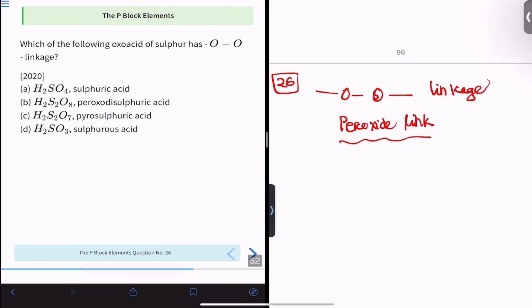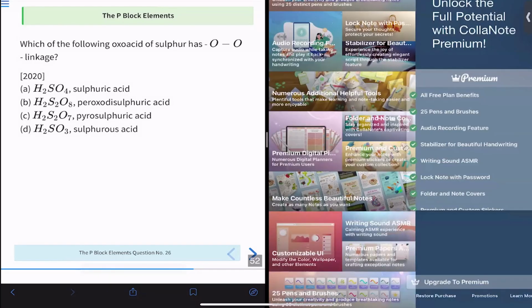We have to see. From the following compounds, they have even written the names of the sulfur acids. So from the name only, you can directly guess the peroxide link can only be present in peroxodisulfuric acid, because the peroxide link can only be present in peroxo sulfuric acids.